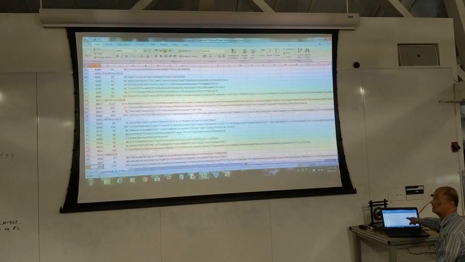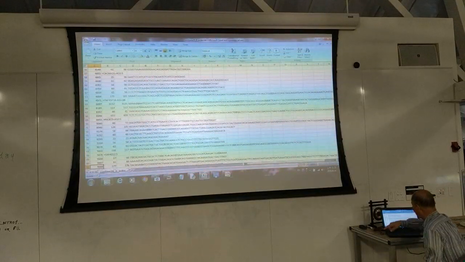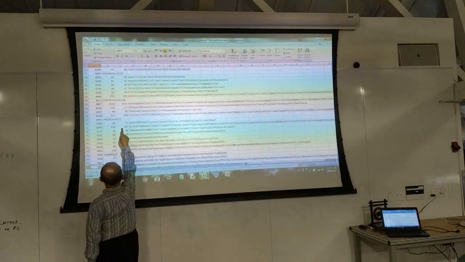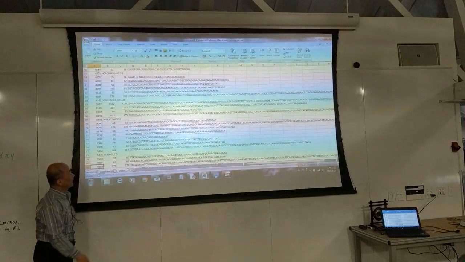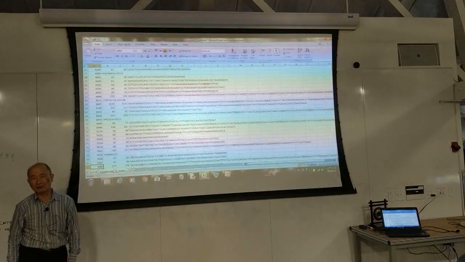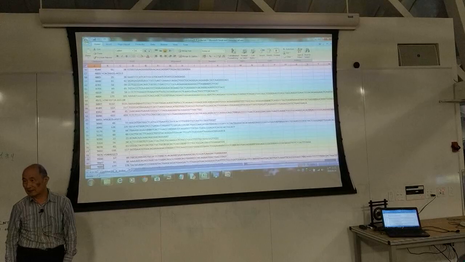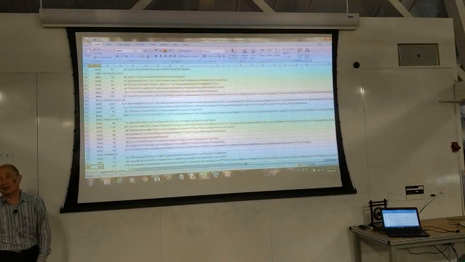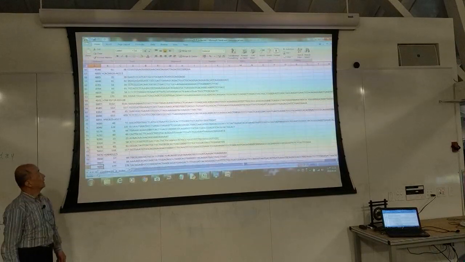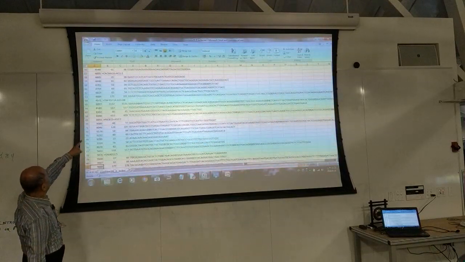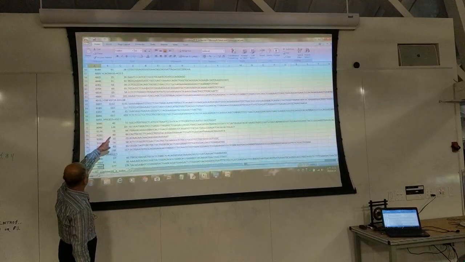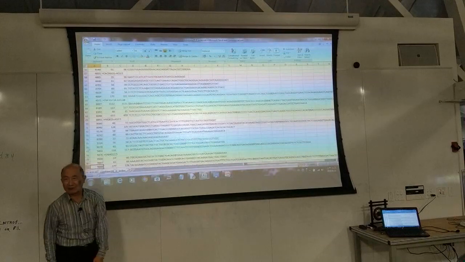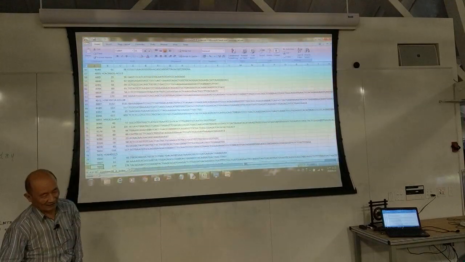This one is 3131 base pairs, a very, very long pair. Then the next one is only 177, and then there's another one which is 655. But mostly they are small pairs.